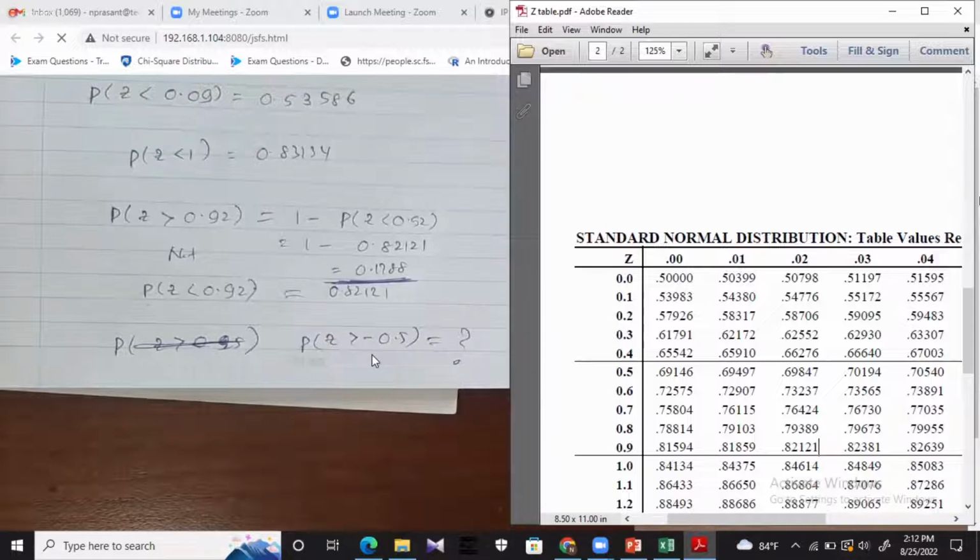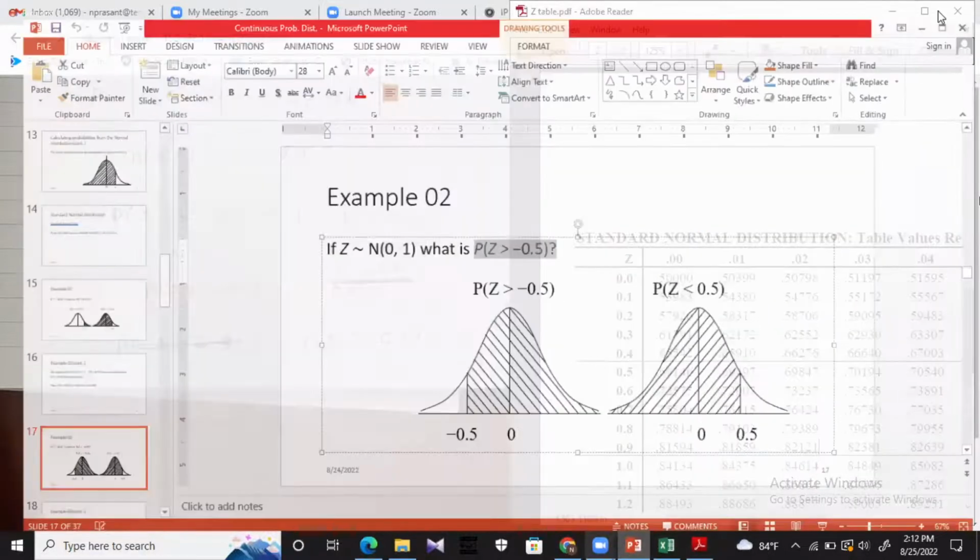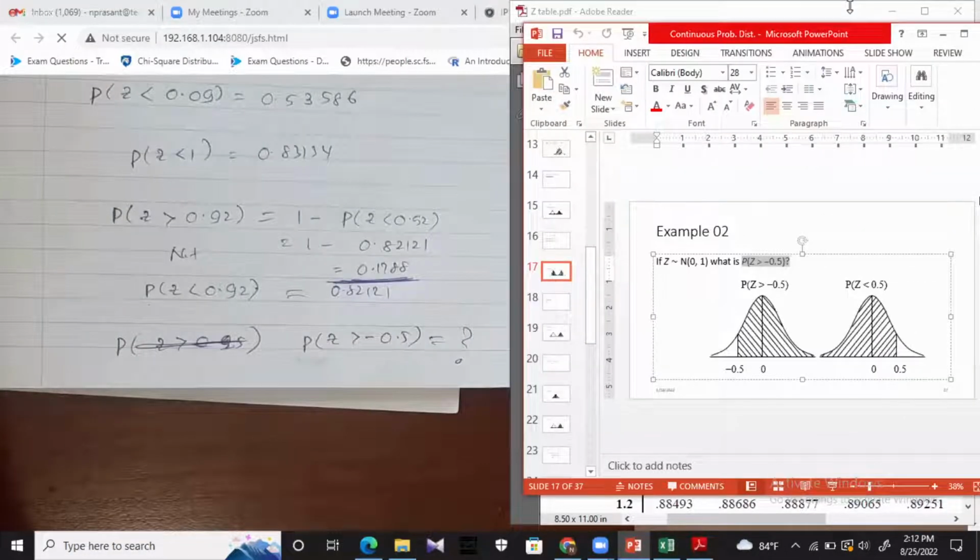Before reading the table, write the probability Z greater than minus 0.5 using a positive value. There you may have to consider the symmetry of the distribution. Okay. If you want, I can show you this diagram as well.